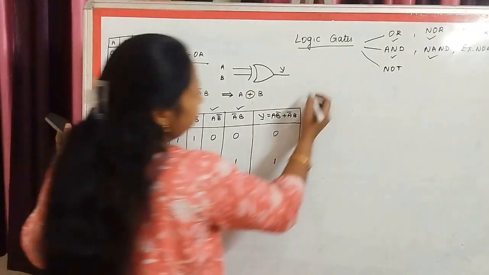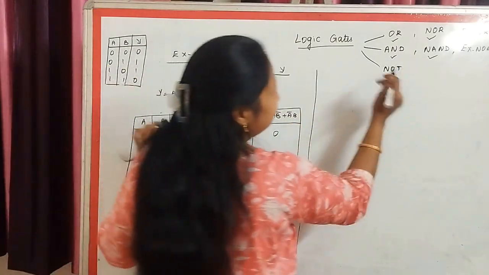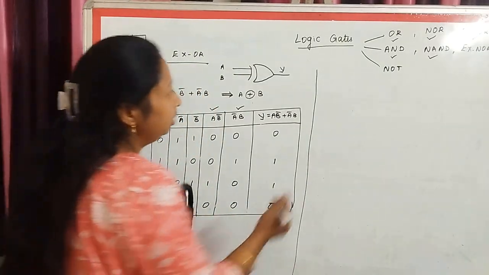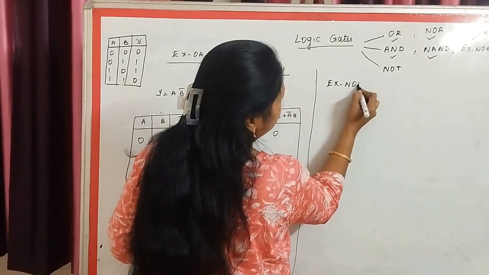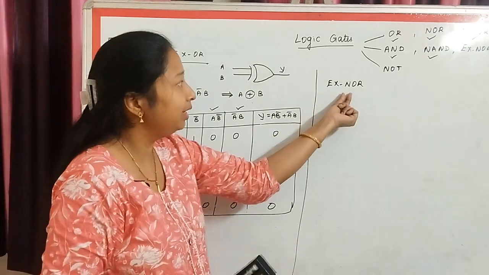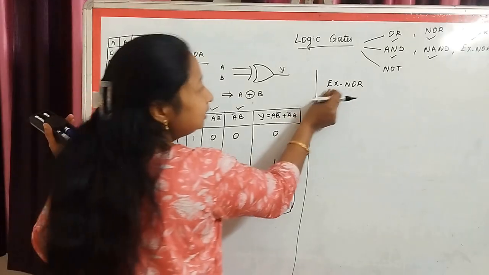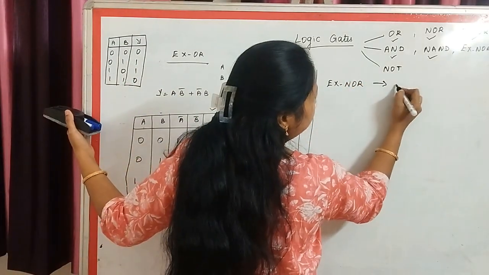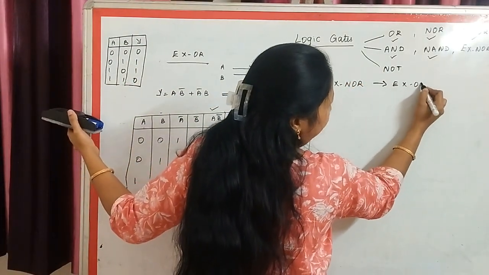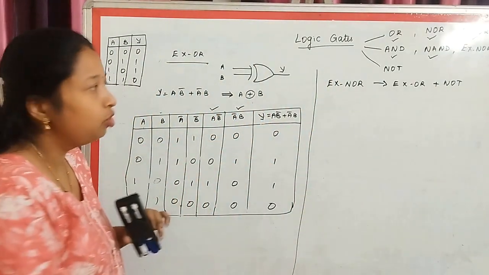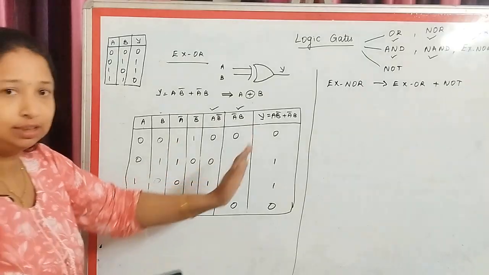And is clear? Now let's solve for XNOR gate. We are done with XOR gate also. Now let's see how to do it for XNOR. XNOR again, when you have an N, it means you're going to do a NOT of it. So it is something like you take an XOR and do a NOT of it. Clear? You're going to complement the values of an XOR.